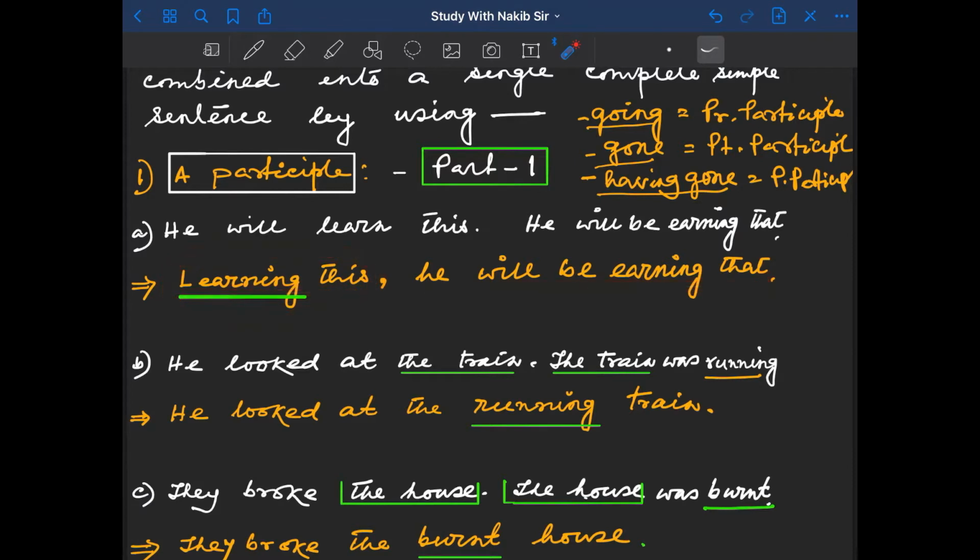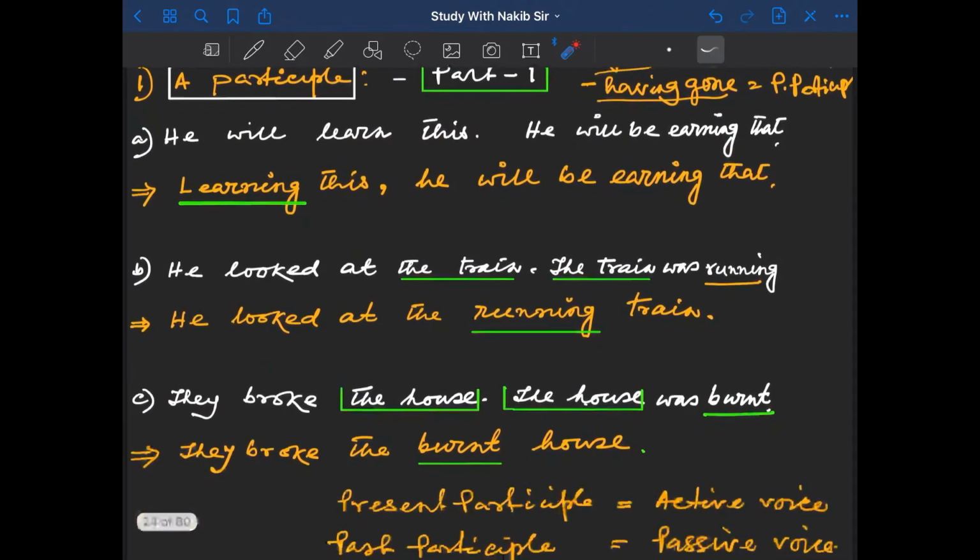It is working as a modifier to this part. So this is your combined sentence. Learning this, he will be earning that. And this is participle, and the total thing is participle phrase. With this help, you can combine two given sentences into a single simple sentence if necessary.